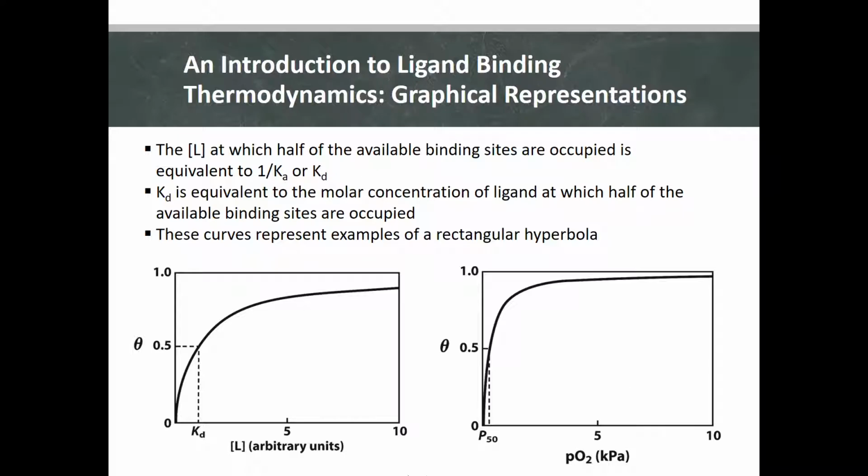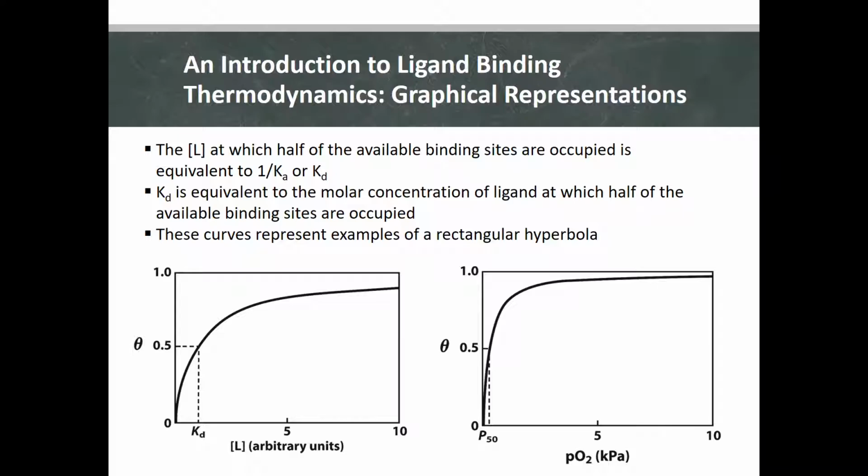So here, what I want you to understand is that the Kd determined in this way is equivalent to the molar concentration of ligand at which you have half of your protein binding sites occupied. So again, when your ligand concentration equals Kd, 50% of your protein, your binding site, is occupied by ligand.